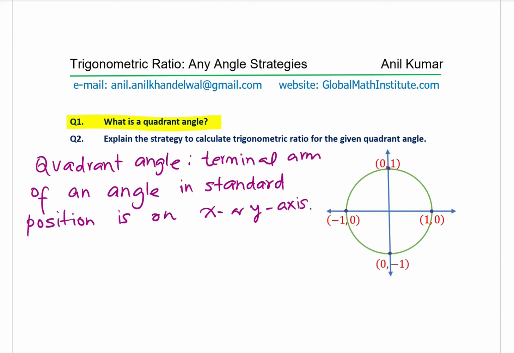Perfect. Now, let us also find the strategy to evaluate trigonometric ratio for quadrant angles. For that, it is important to understand the unit circle itself. So we'll now begin with the unit circle as shown.